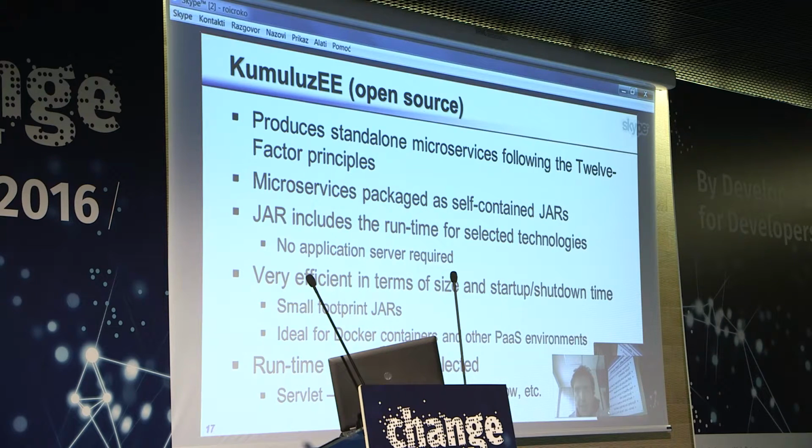Microservices are packaged as self-contained jars, and those jars include the full runtime of those technologies which you use in your application. For example, this could be JAX-RS, CDI, JPA, bean validation, whatever you require.